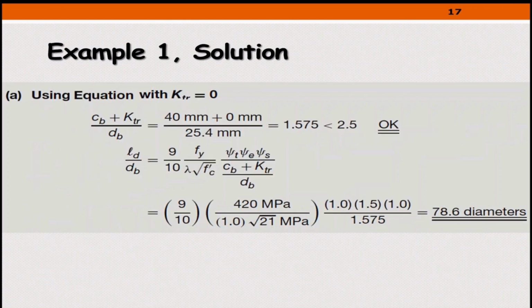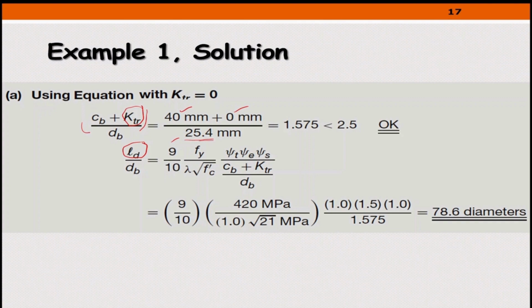Now, if we would like to evaluate LD, the development length, considering KTR in the confinement effect factor equal to 0, we would evaluate the confinement effect factor as CB, which is 40, plus 0, which is KTR, divided by 25.4, that's the bar diameter.